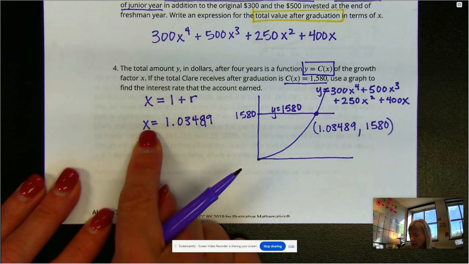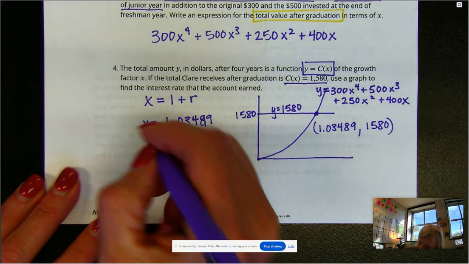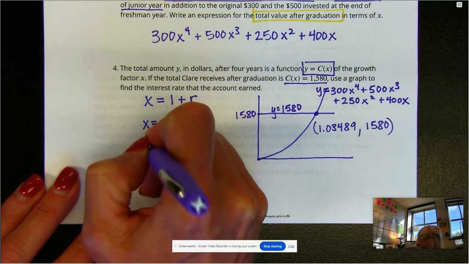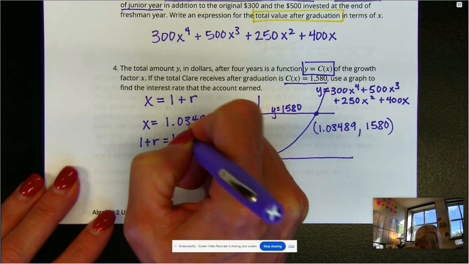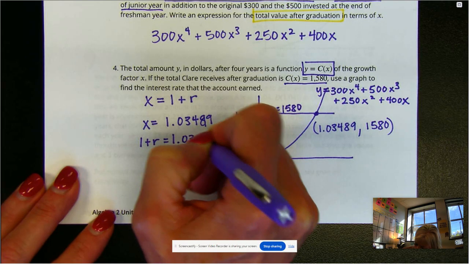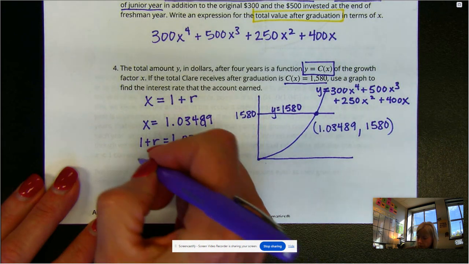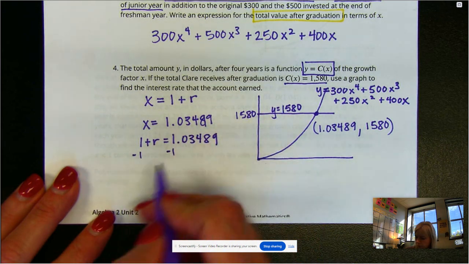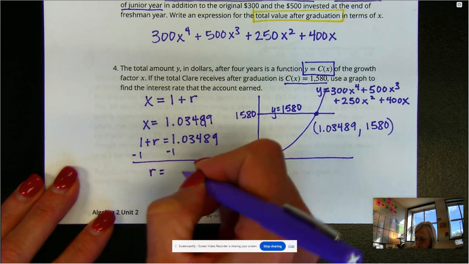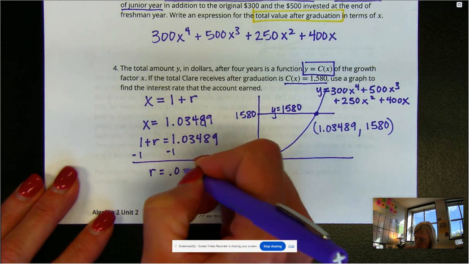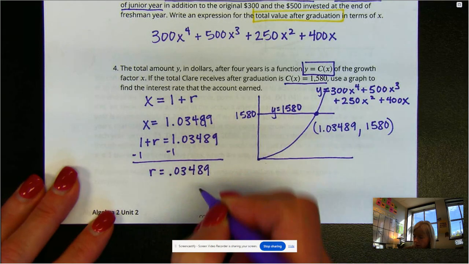So if x is equal to 1 plus r, that means that 1 plus r equals 1.03489. So to solve for r, take away the 1. r equals 0.03489.